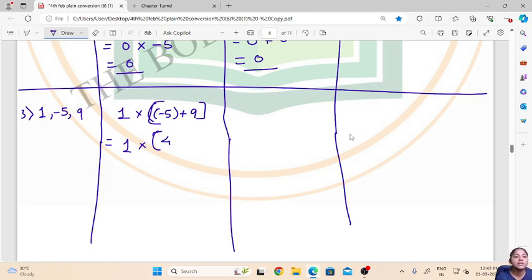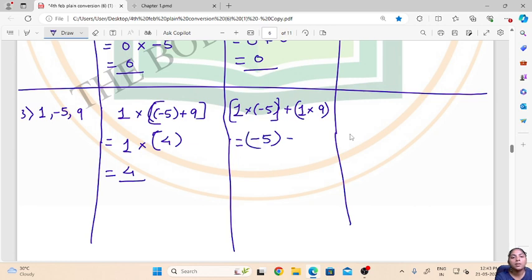So we will get the answer as plus 4, and 4 into 1 will be 4. Then we have a into b plus a into c. So here we get 1 into minus 5, which is minus 5, plus 1 into 9, which is 9. So minus 5 plus 9, again the answer is 4. So for these expressions also it is true. Both the sides are equal.